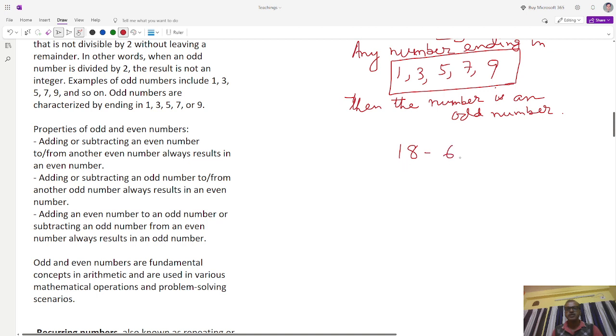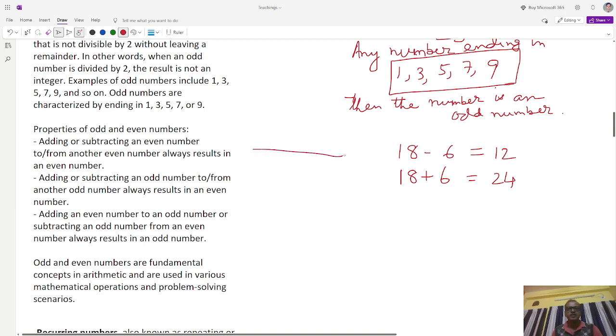These two are even numbers. Then the result will be an even number. 12 is also an even number. If we add these two even numbers, then we get the result as an even number. Right? 24 is an even number.